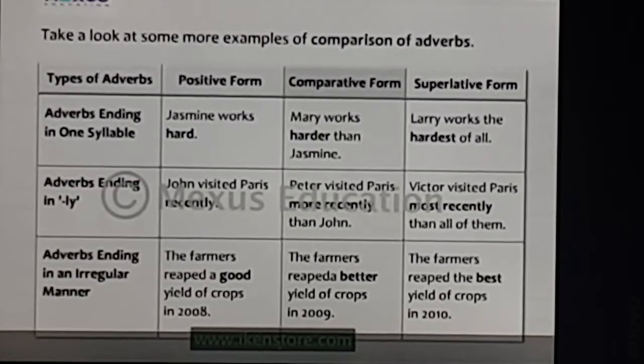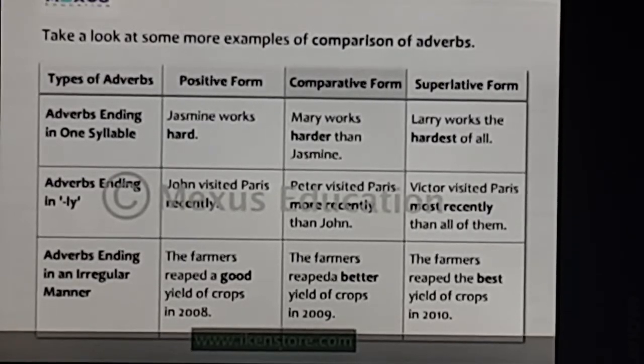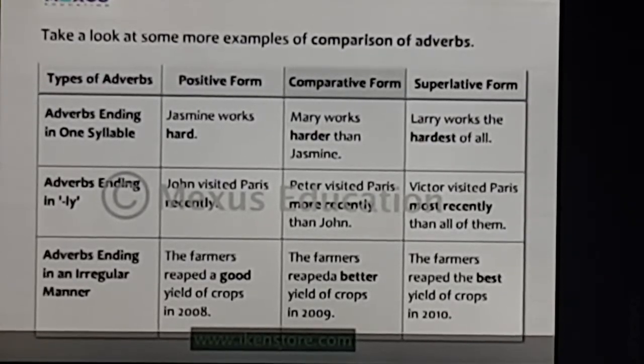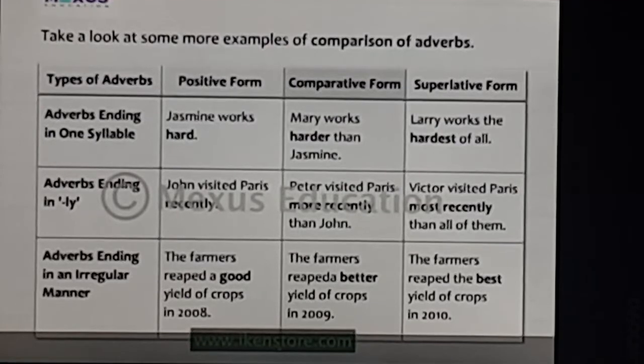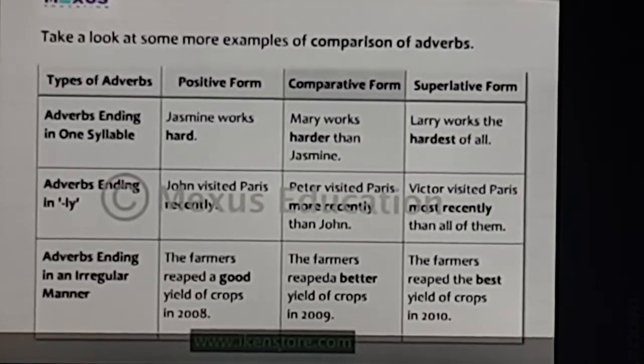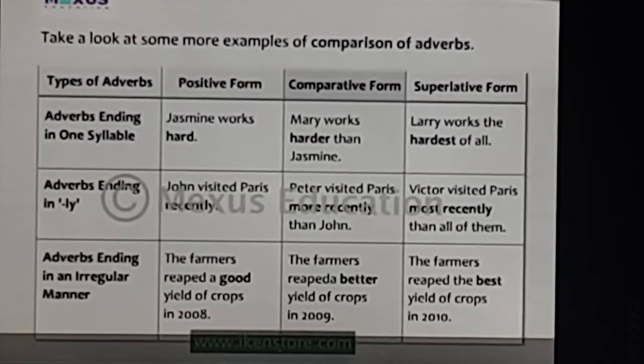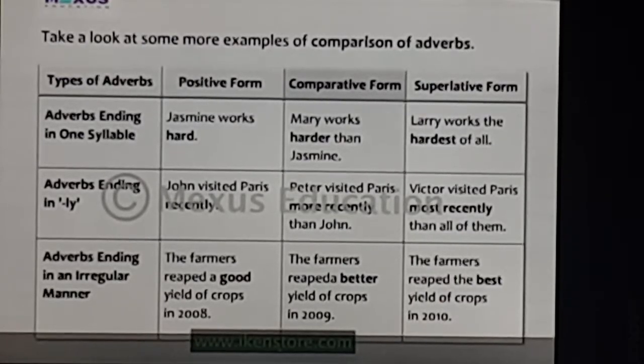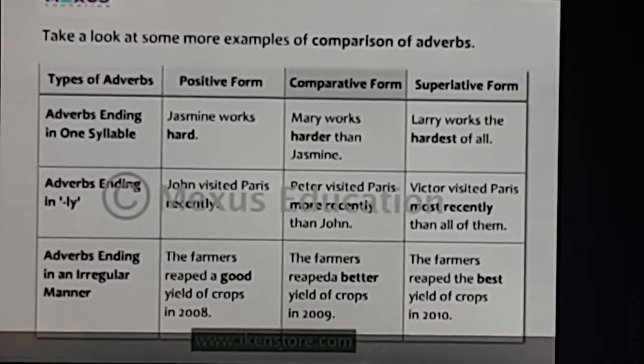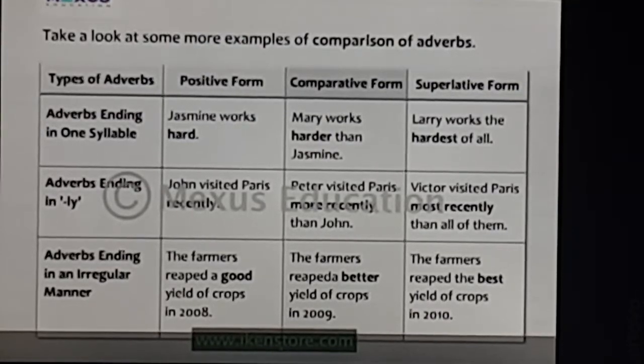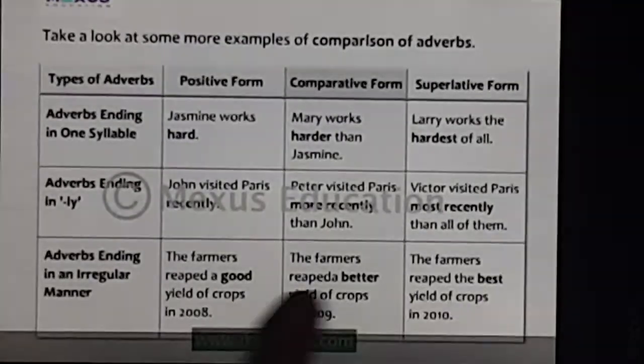In comparative degree, we take er, and in superlative degree, it changes into est, hardest. When we have ly, then it takes more with it, and in superlative with most. But in irregular adverbs, the words get changed, like good becomes better and best, badly becomes worse and worst.